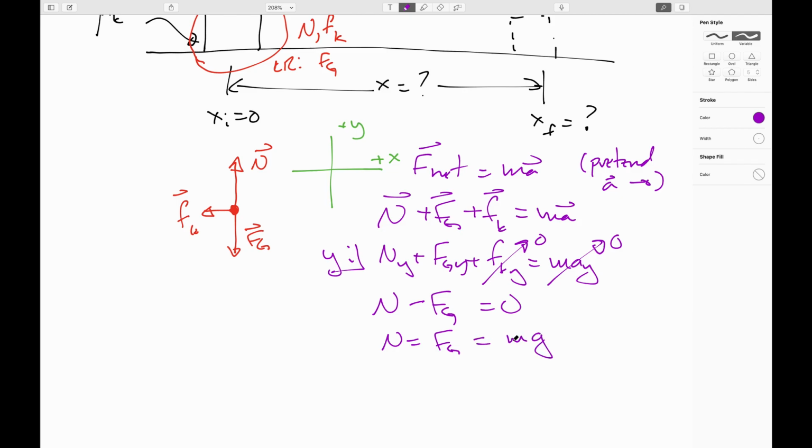All right, now let's go to the land of x. In the land of x, keep in mind I'm pretending that the acceleration is pointing to the right, thinking ahead to when I'm plugging into the kinematics. But however you want to do it is fine, as long as you realize at the end of the day it's really going to point to the left.